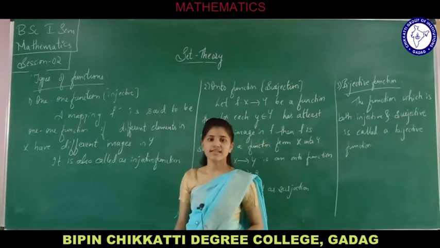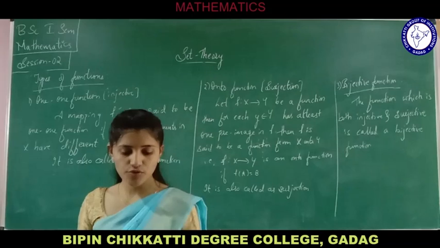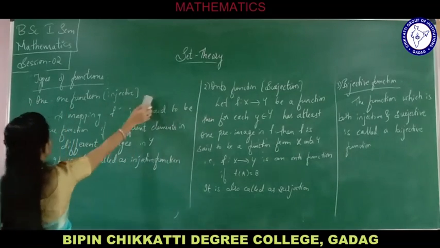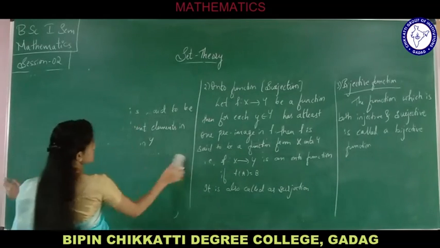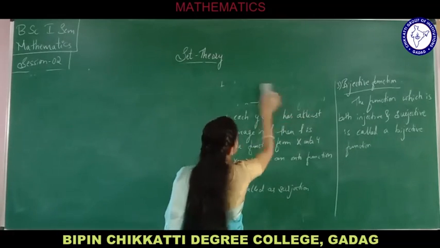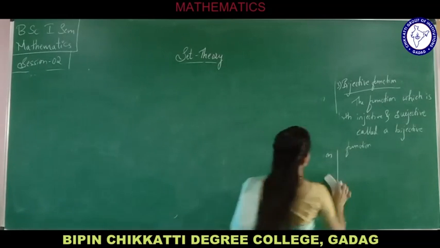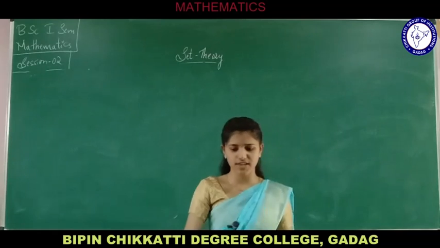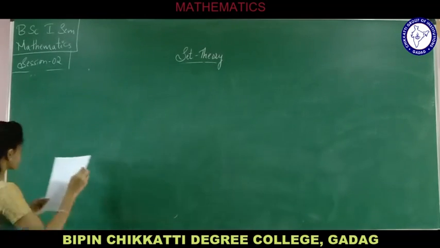So next, let us proceed with a few examples to prove which of the sets are onto function, one-one function and bijective. Let us solve a few examples related to it. We have a question in which a few functions f1, f2, f3 and f4 are given.